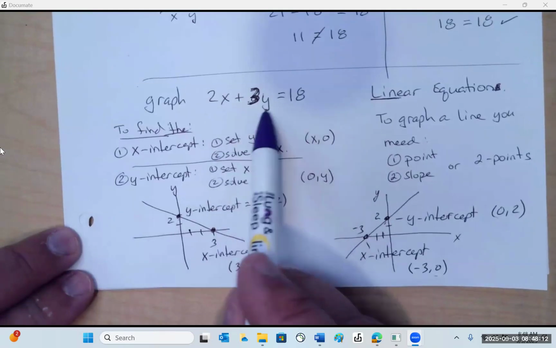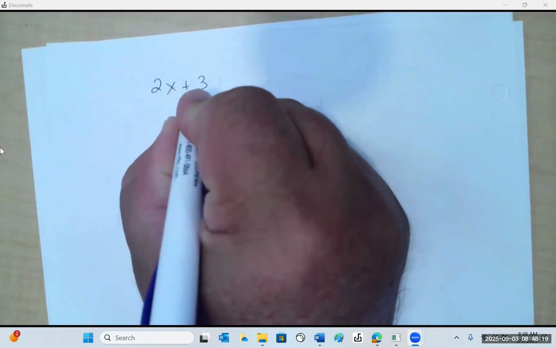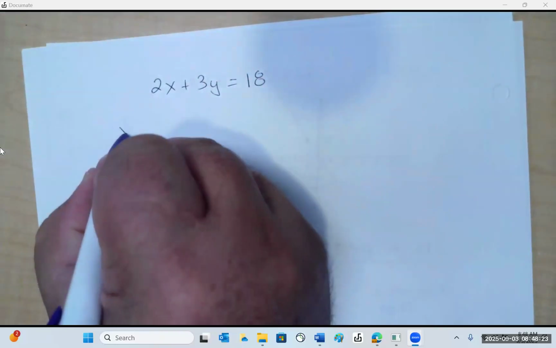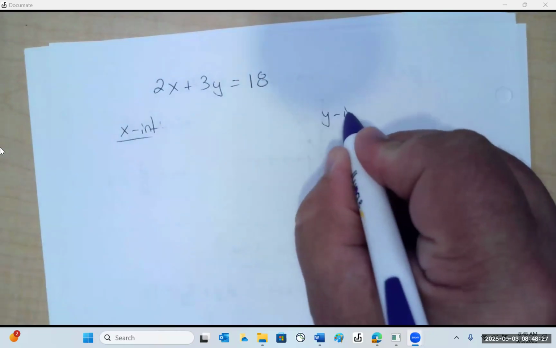So let's look at this example we have here. 2x plus 3y equals 18. Let's find the x-intercept and the y-intercept.